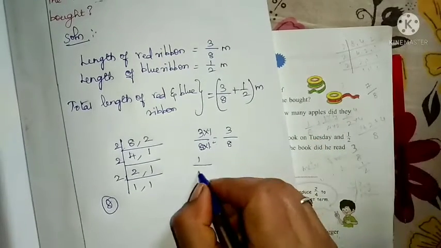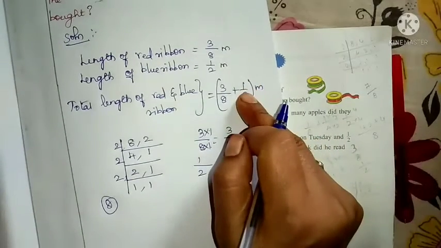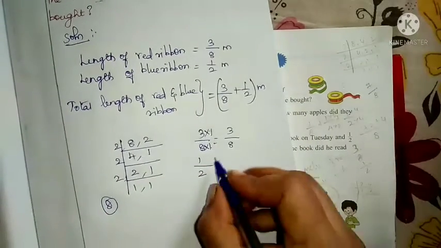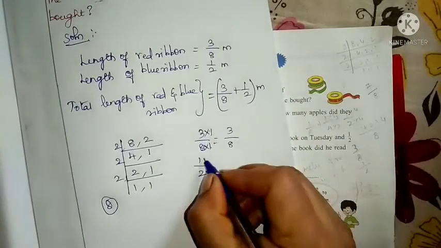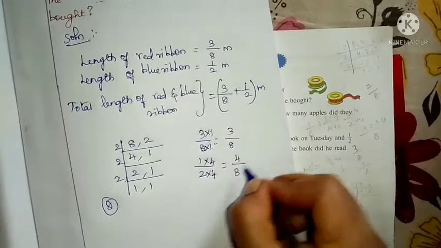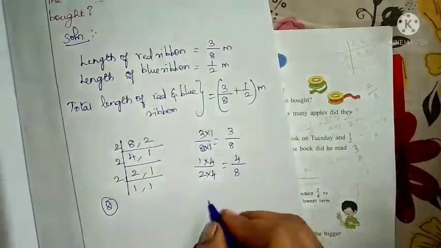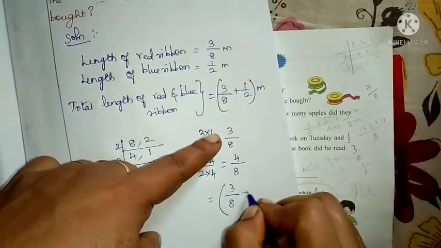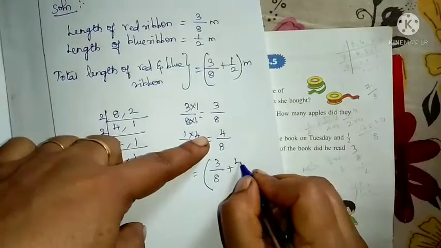The next one is 1 by 2, and this denominator we want to change to 8. When 8 comes in the 2 table, it comes at 4 times. Denominator 4 means numerator also 4. 1 4 is 4, 2 4s are 8. Now you apply these values here. Instead of 3 by 8, we got 3 by 8 plus, instead of 1 by 2, we got 4 by 8.